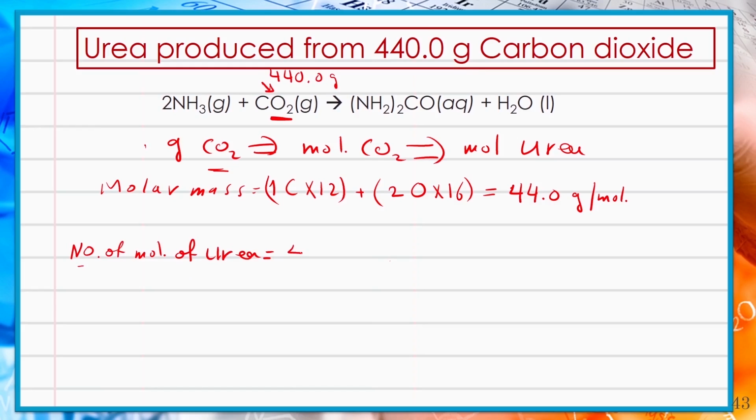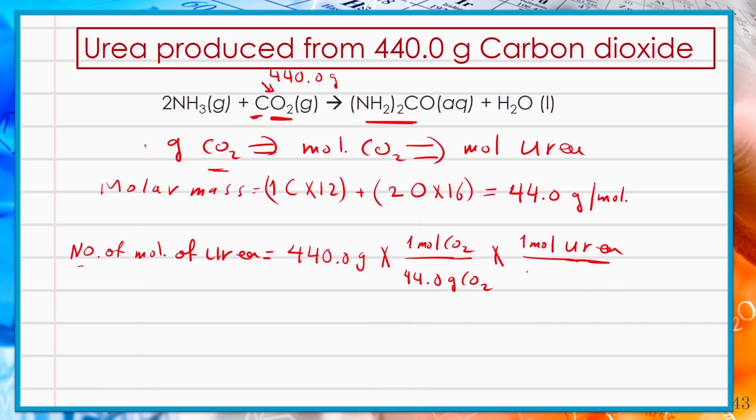The moles of urea is equal to 440 grams of carbon dioxide times 1 mole of carbon dioxide per 44 grams of carbon dioxide, times 1 mole of urea produced from 1 mole of carbon dioxide, equal to 10 moles of urea.